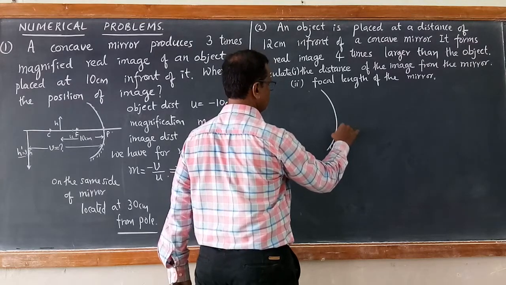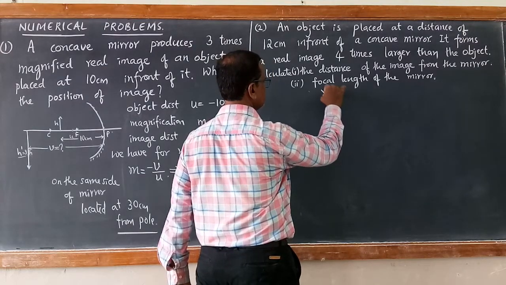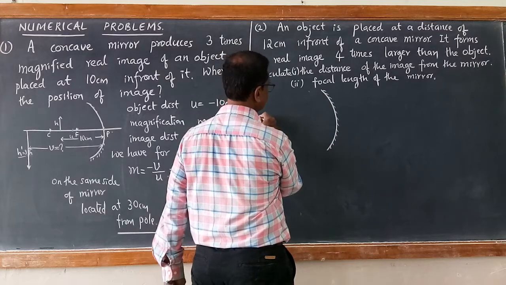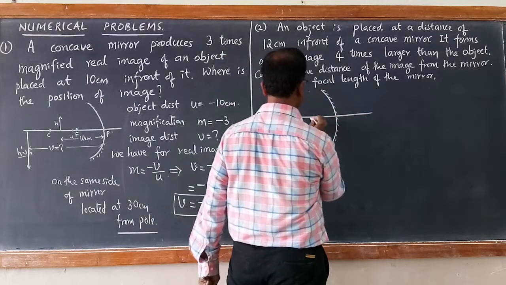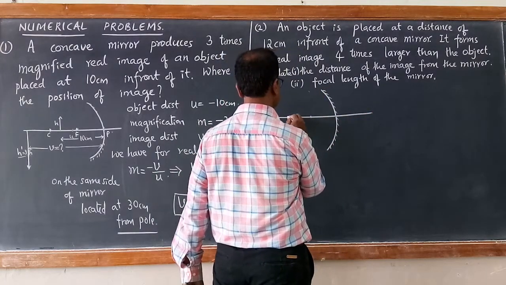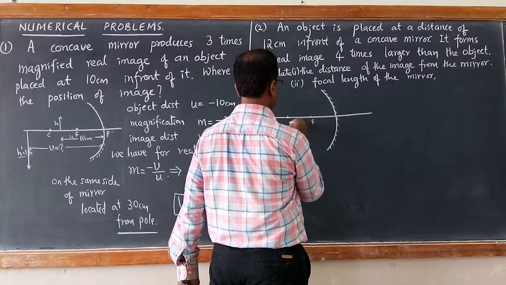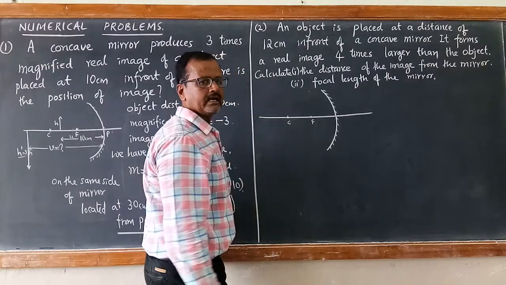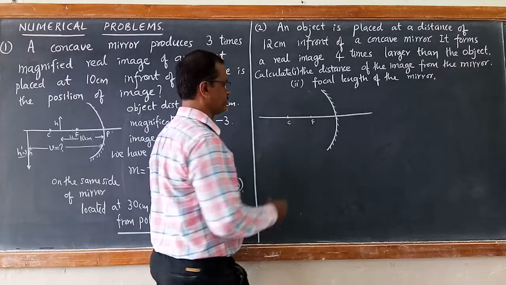This is a concave mirror, and the object should be placed between F and C. Then only you will have a real, inverted, magnified image.